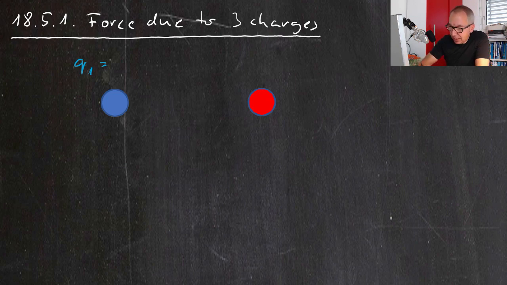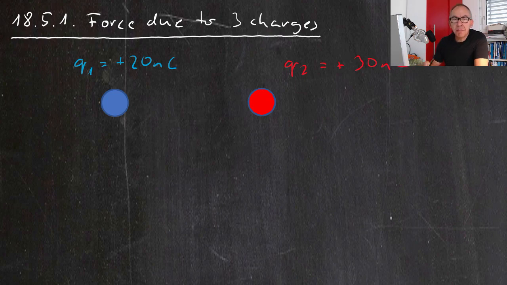So I make it plus 20 nanocoulombs, and the red one here is charge Q2, and it is plus 30 nanocoulombs.